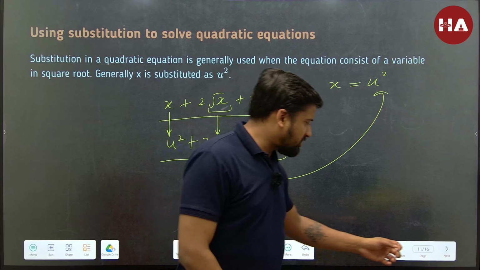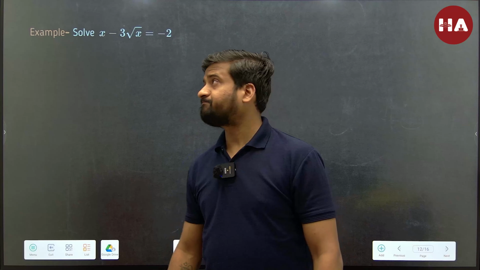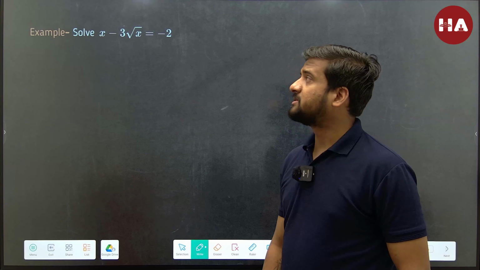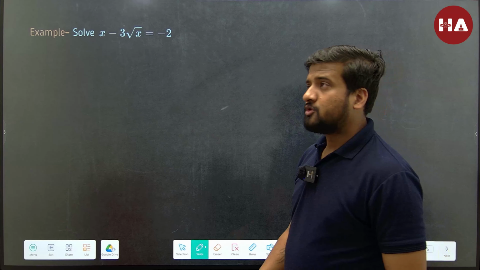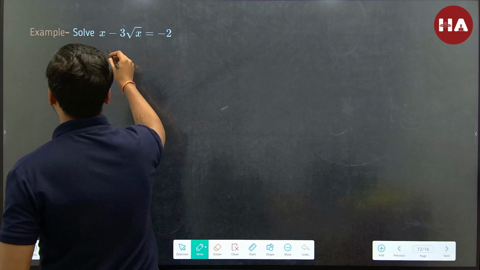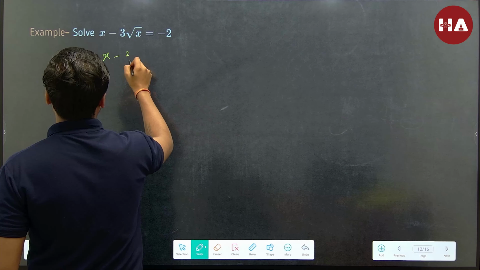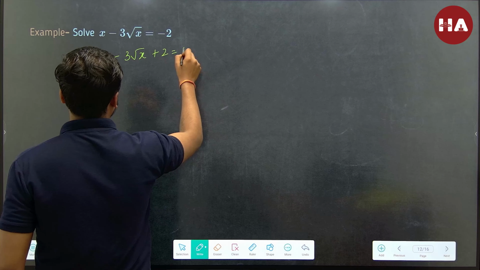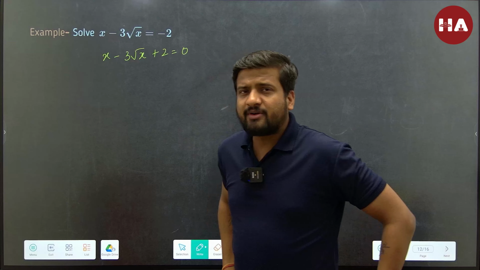All right, everyone. So let's move on to a question related to this. Solve x square minus 3 root x equals minus 2. So first let's write this in the standard form, that is x minus 3 root x plus 2 equals 0. Okay.